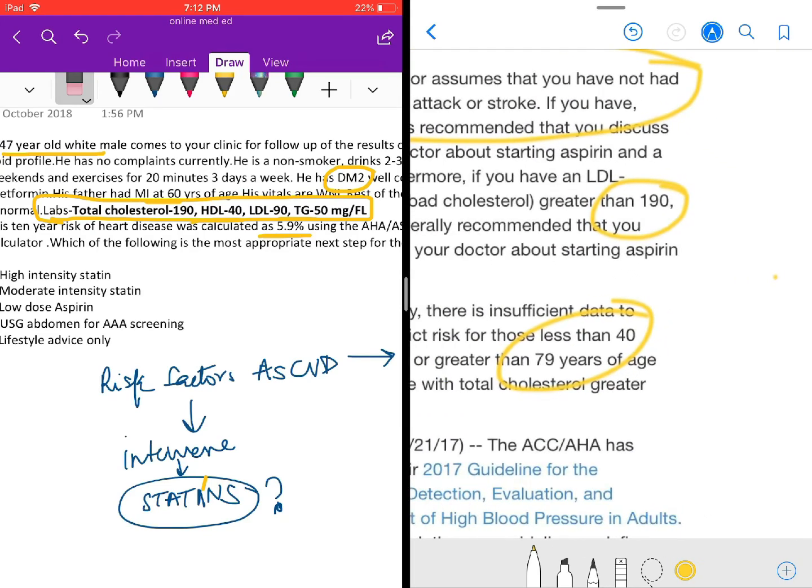Why so? Because anybody with an LDL more than 190 is likely to have some sort of familial dyslipidemia, and you would automatically start a statin for this patient, so there's no point in really calculating a 10-year risk.